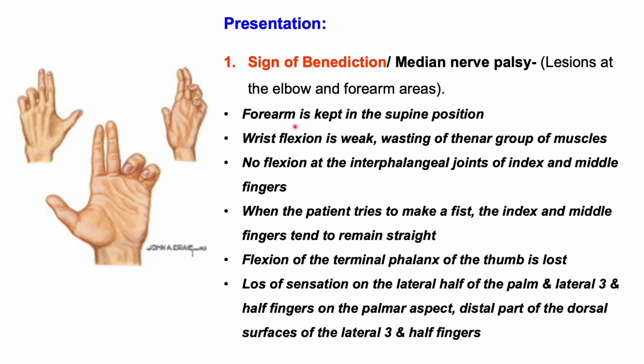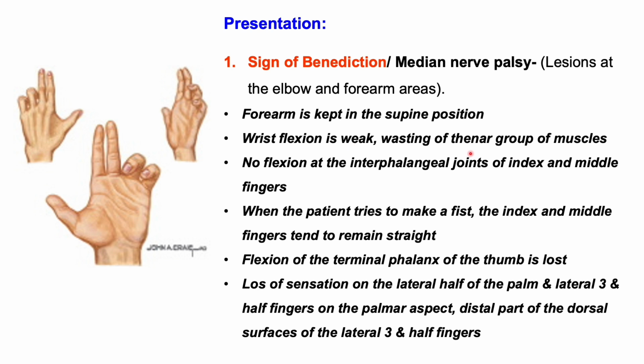There will be no pronation because pronator teres and pronator quadratus are affected. Wrist flexion is weakened because wrist flexion is mainly helped by flexor carpi ulnaris and flexor carpi radialis. So radialis will be paralyzed due to no innervation, but ulnaris will be intact. So that's why the wrist flexion is weakened, not completely lost.